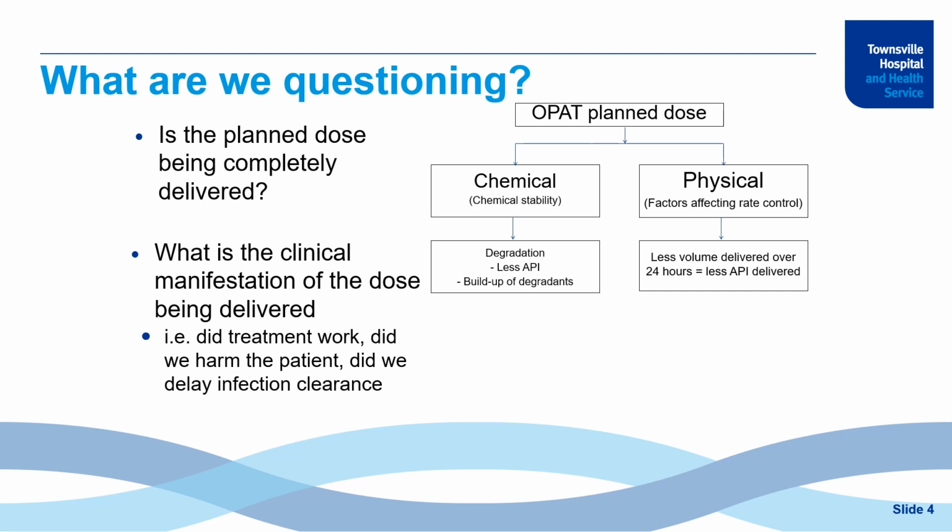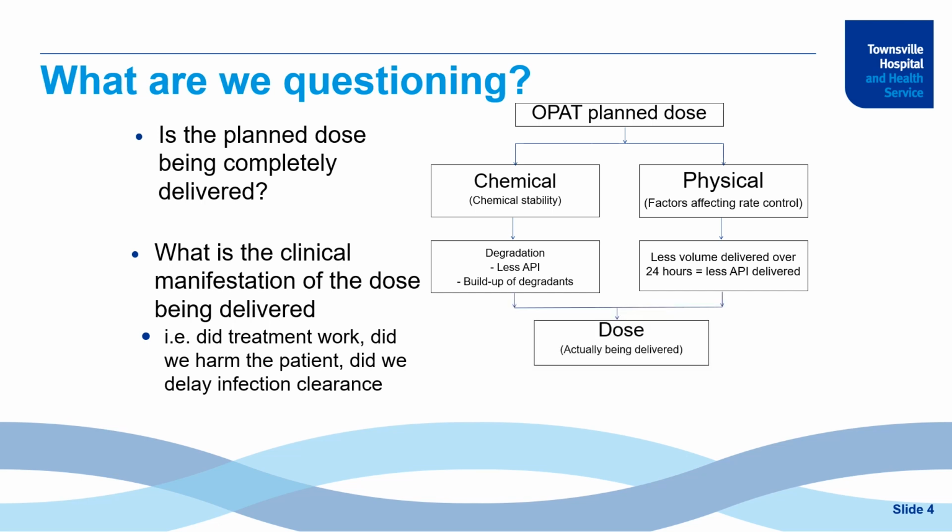But also as a side thing, there's also the buildup of possible degradants that may cause harm or may cause issues. From the physical effector side, are there any factors that potentially slow down the delivery rate and thus equate to less fluid being delivered, thus as a ratio of drug in fluid, you get less dose being delivered.